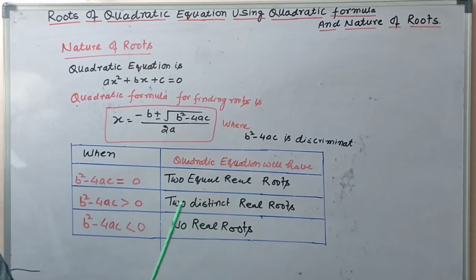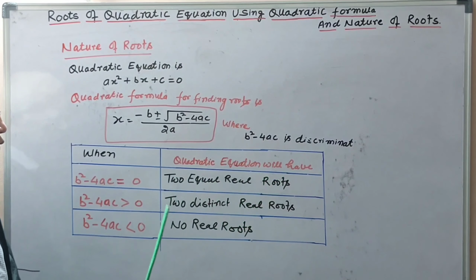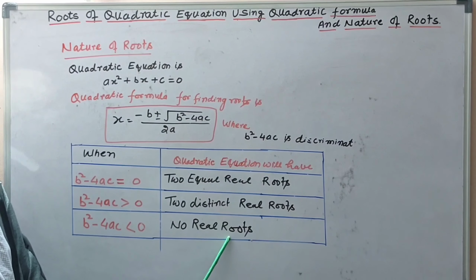Distinct means different. And when b square minus 4ac is negative, less than 0, the quadratic equation will have no real roots, means its roots will be imaginary.